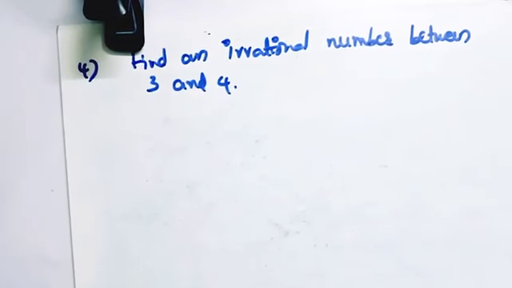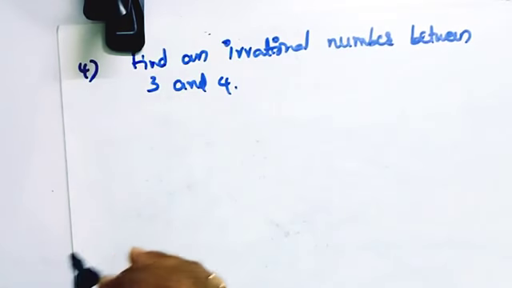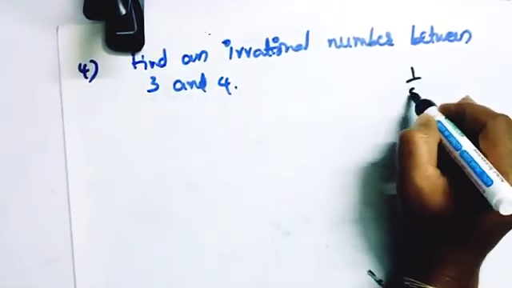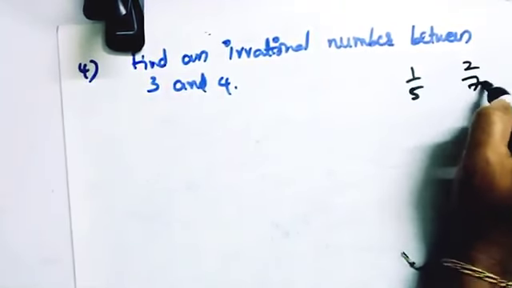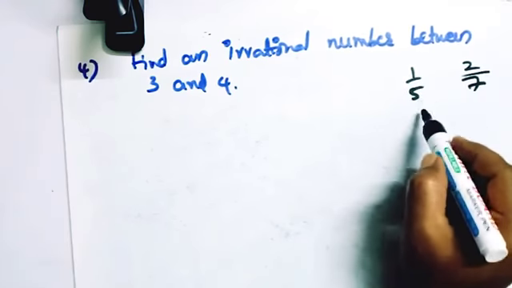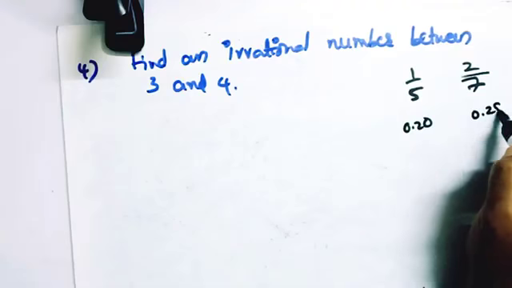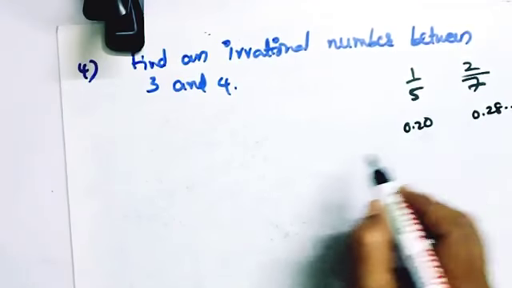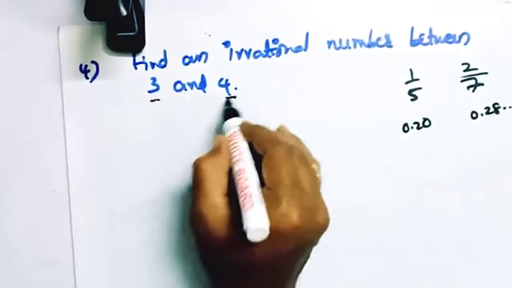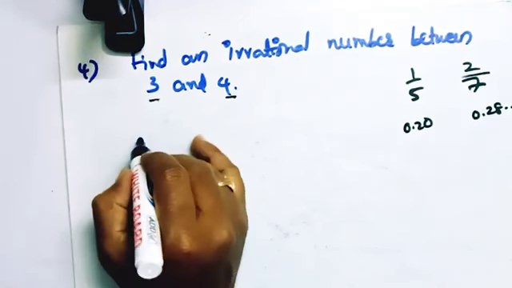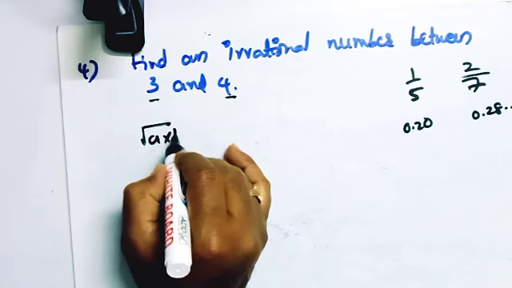In this question we are going to find an irrational number between two positive rational numbers. 3 is a rational number, 4 is a rational number. Previously we found a rational number between 1/5 and 2/7 by converting them into 0.20 and 0.28 and then writing a decimal number. But here both are positive rational numbers, so we can use one formula, that is √(a×b).